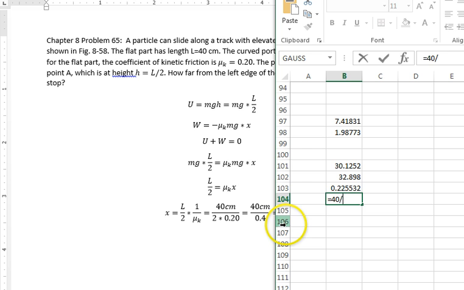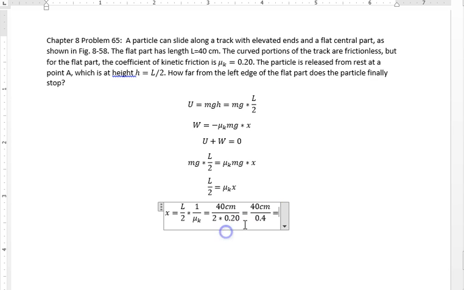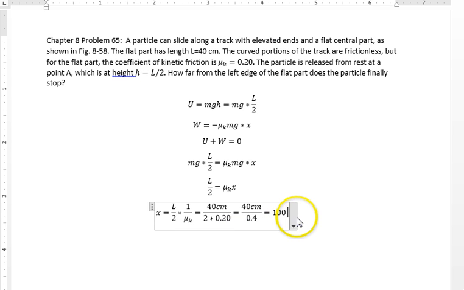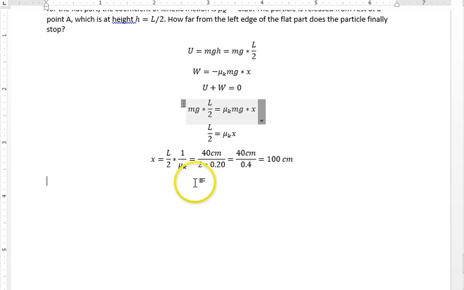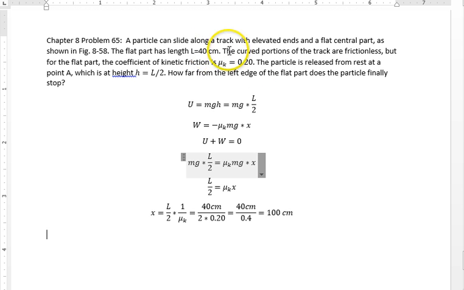So 40 divided by 0.4, and we get 100 centimeters. Now, it asks how far from the left edge, right, this flat section is 40 centimeters, and we got 100 centimeters.